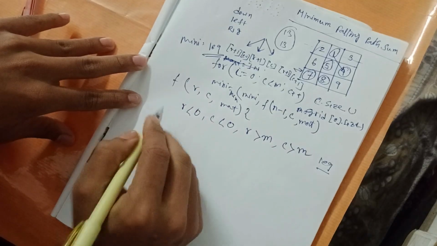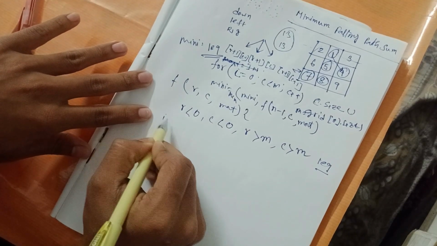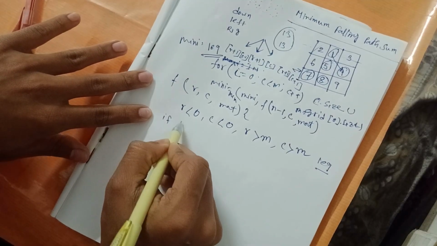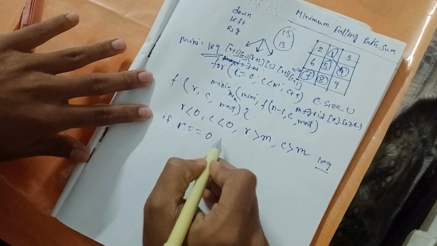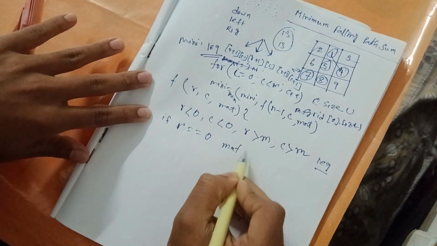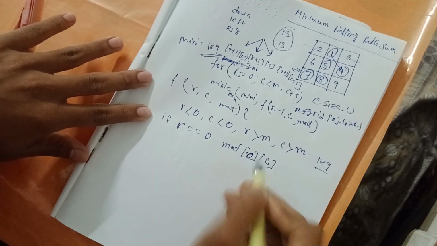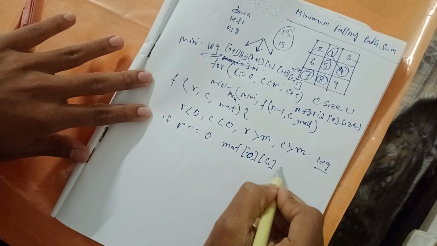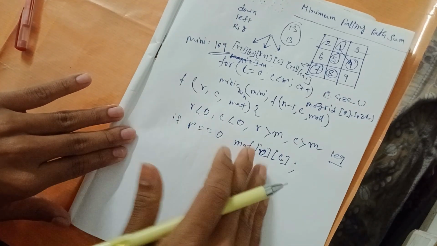If not, I also write: if row equals 0, I return matrix of row and column. Then I write all my possible choices.